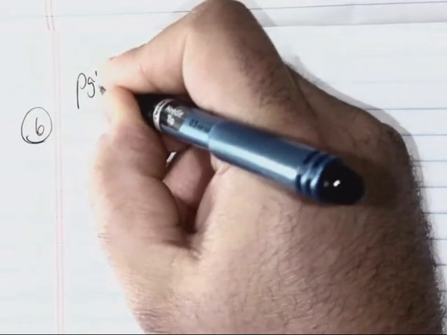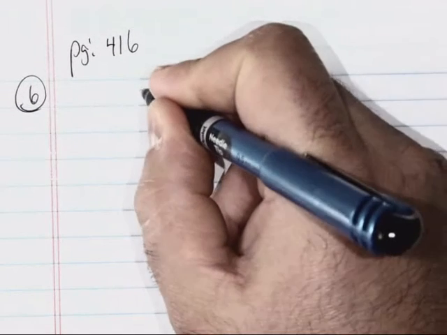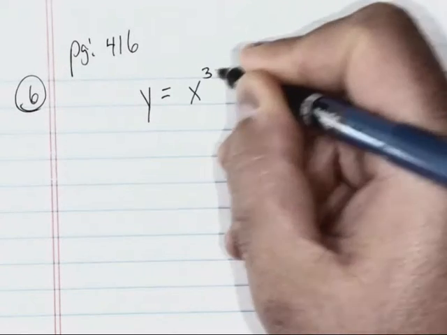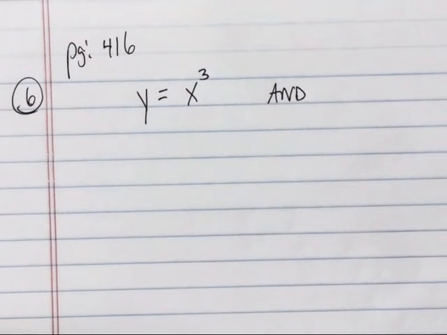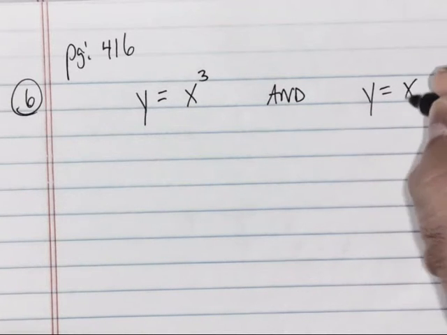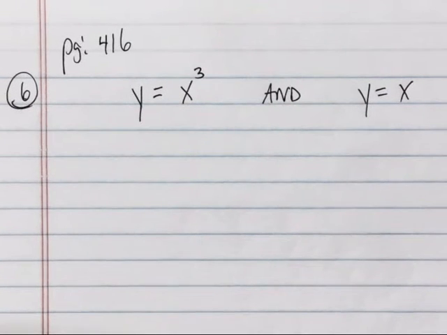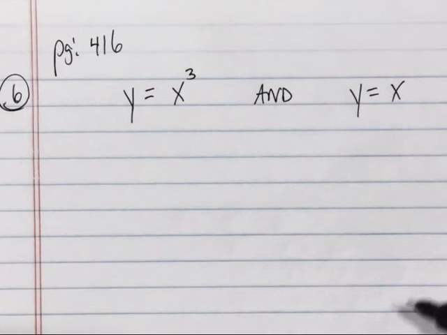So this is number 6 on page 416. Okay. So we want to essentially set, these are our two functions that we have. y equals x. So to find the intersection points, we want to set those equal to each other and solve.